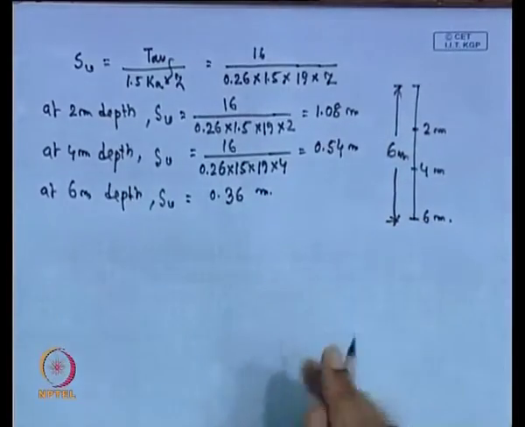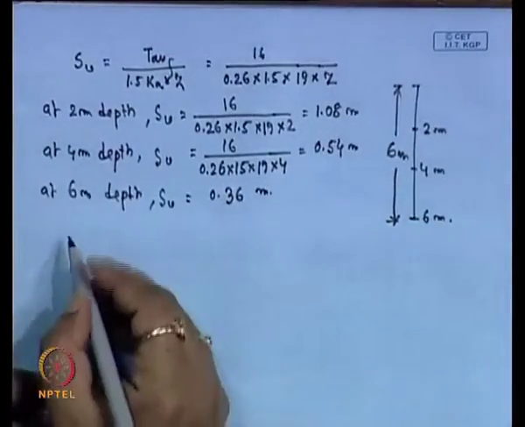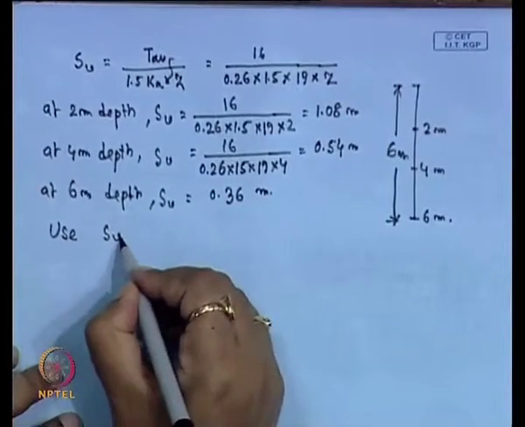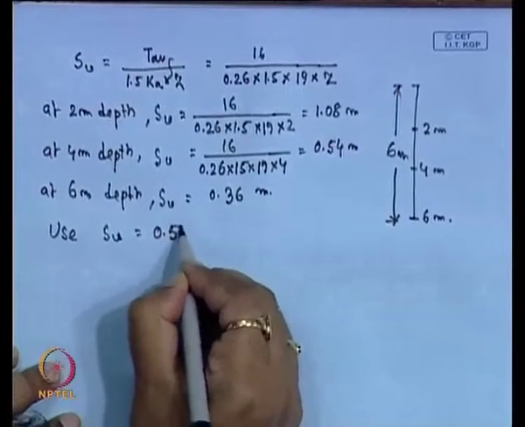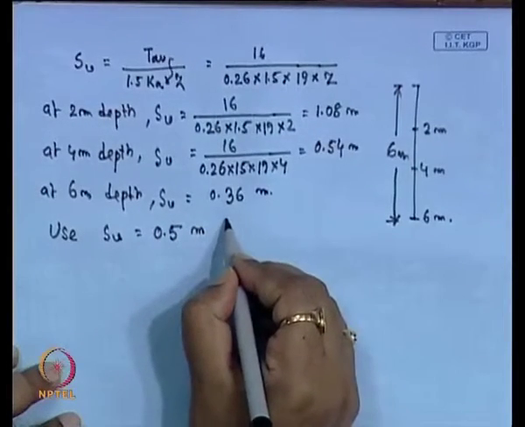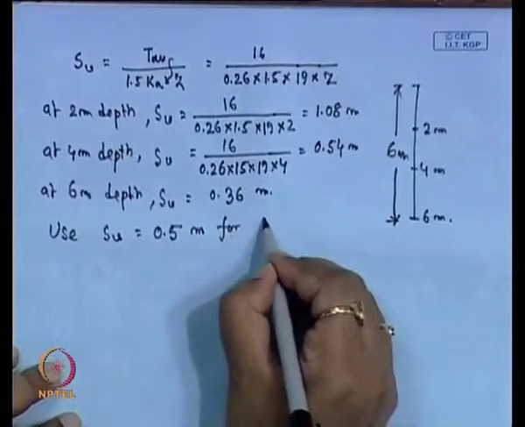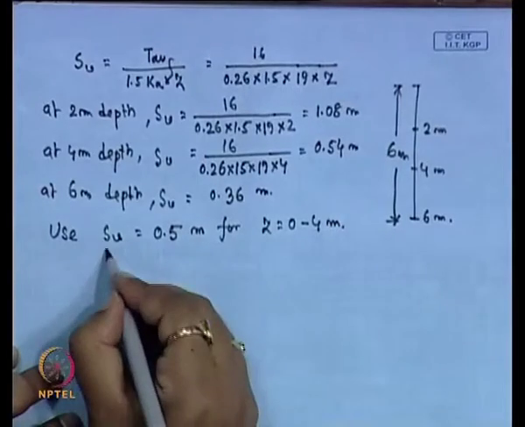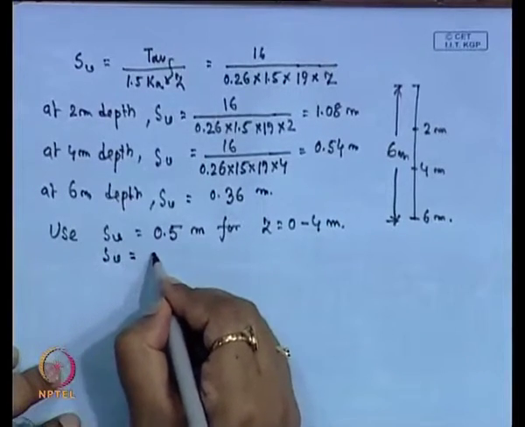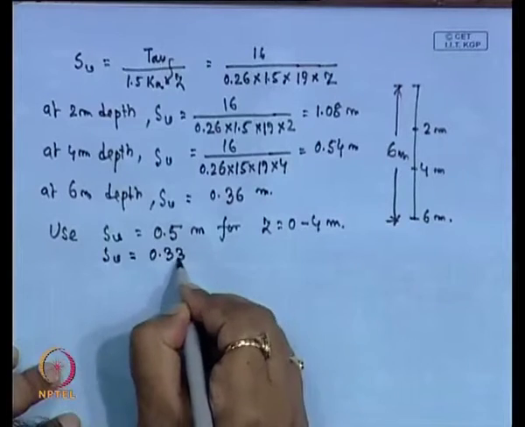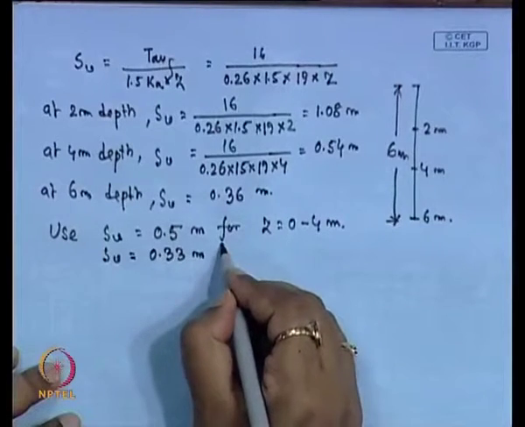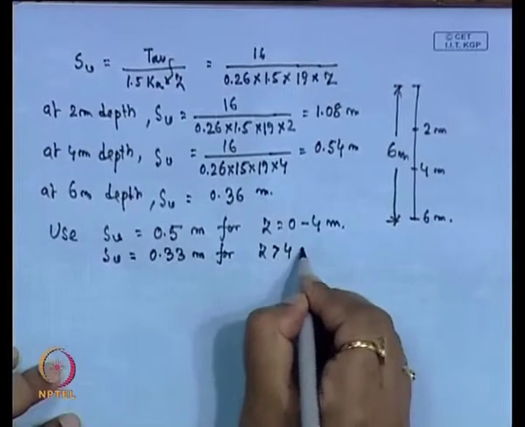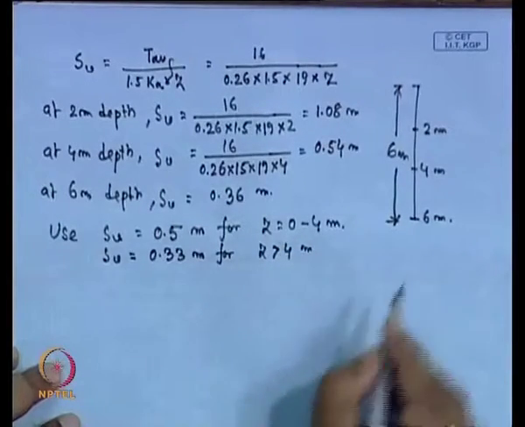So, we can see at the 6 meter depth 0.36, at 4 meter depth 0.54 and at 2 meter depth 1.08. So, for this case I am taking S B equal to 0.5 meter for Z equal to 0 to 4 meter and S B equal to 0.33 meter for Z greater than 4 meter, that means 4 to 6 meter.